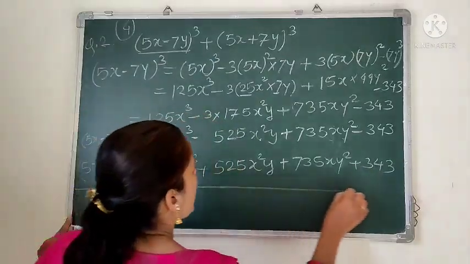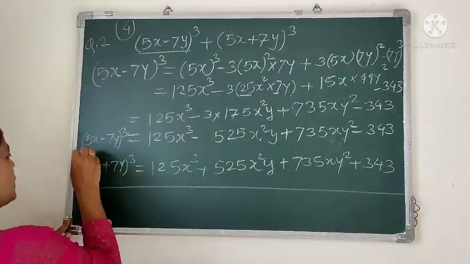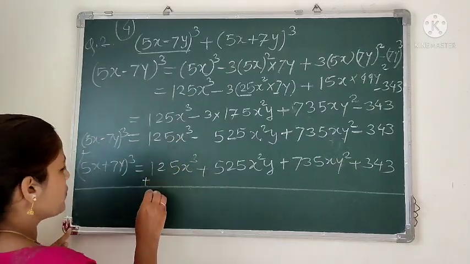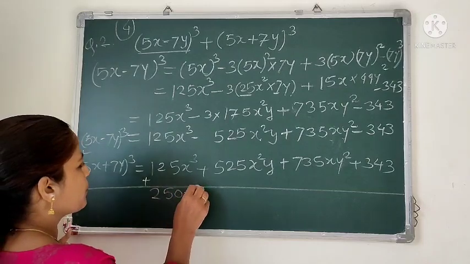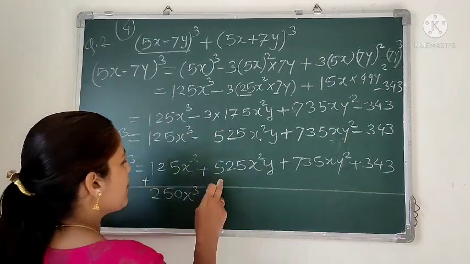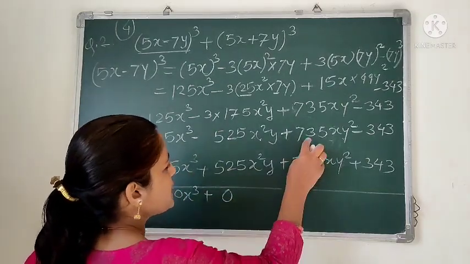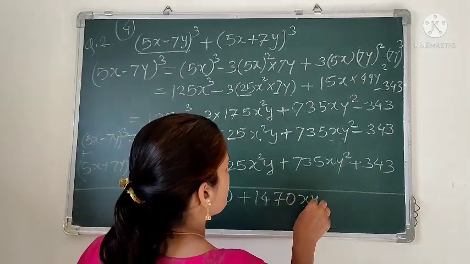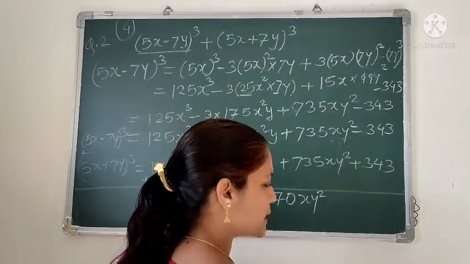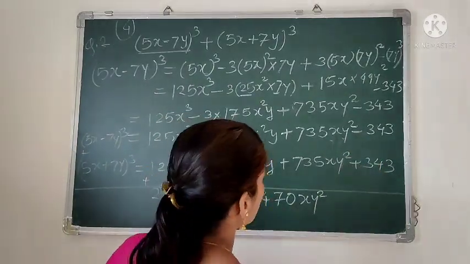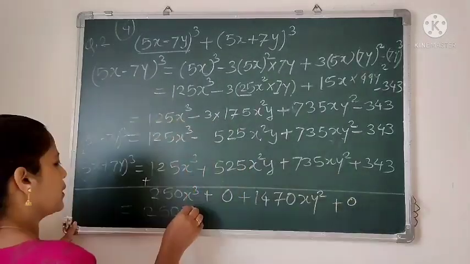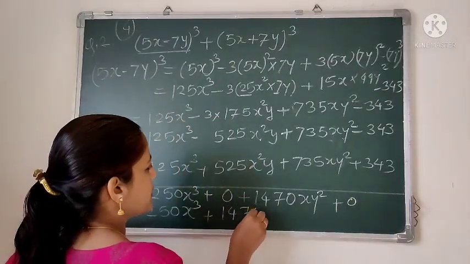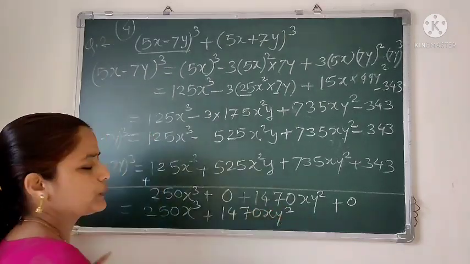So we have to do the addition, means no change in sign. 125 plus 125 is 250x cube, minus 525 plus 525 is 0. 735 and 735 that is 1470xy square. Same numbers with opposite signs, so the addition is 0. Answer will be 250x cube plus 1470xy square.